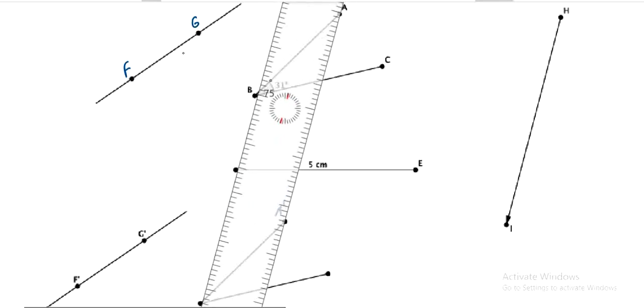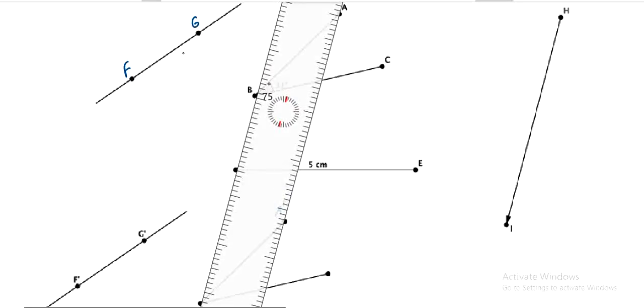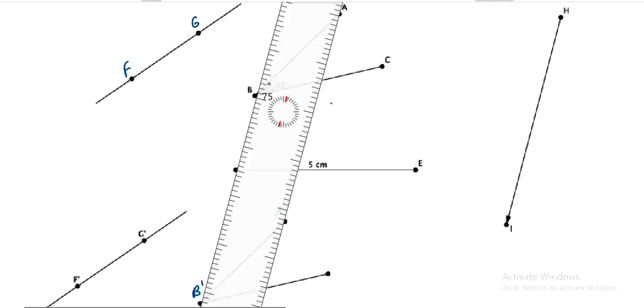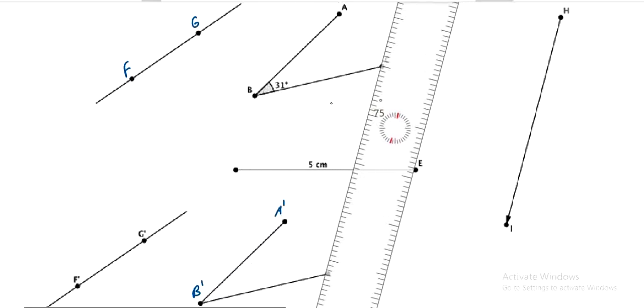Like right here, if I put this on B, I see it lines up down here, 43 dashes away. This must be B prime. C prime, same deal.